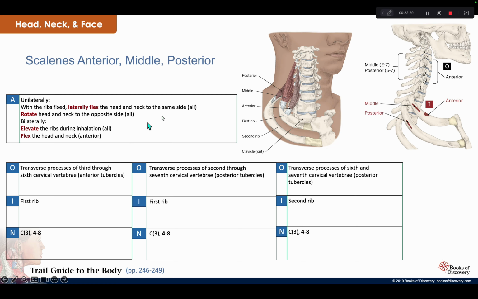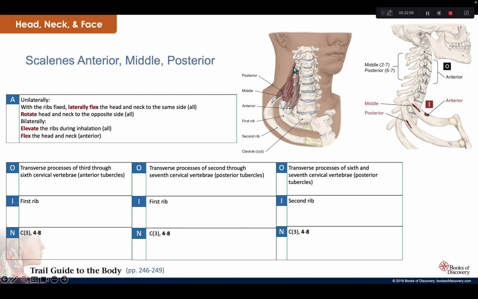So your anterior scalene, look at this picture here. It's in the front of the neck, the posterior is more in the back, and the middle is in between the two. So it originates on the transverse process of the cervical vertebrae 3 through 6. So right along here, anterior, we're looking at the picture of the muscle, and then it connects onto the first rib.